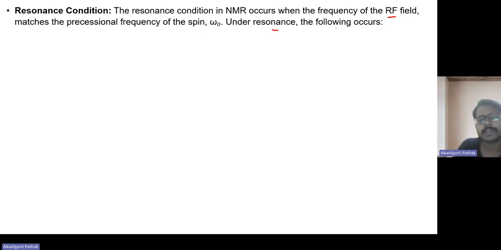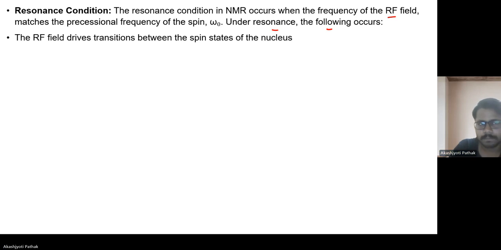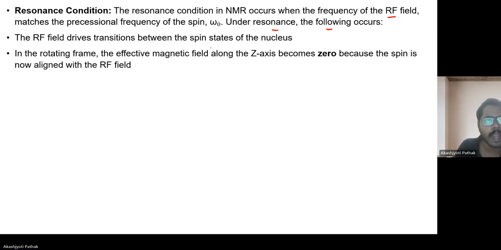Under such resonance, the RF field drives transitions between the spin states of the nucleus, and in the rotating frame, the effective magnetic field along the z-axis therefore becomes zero, because the spin is now aligned with the RF field.